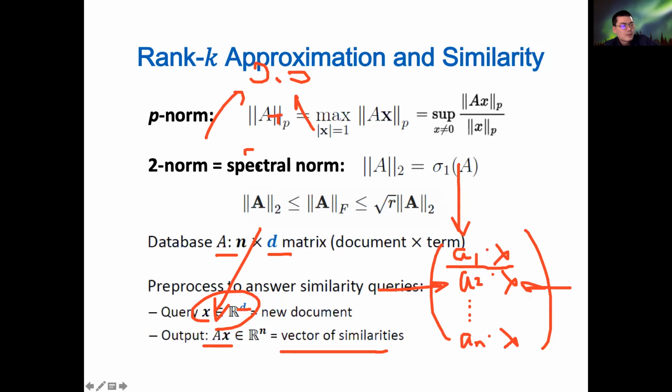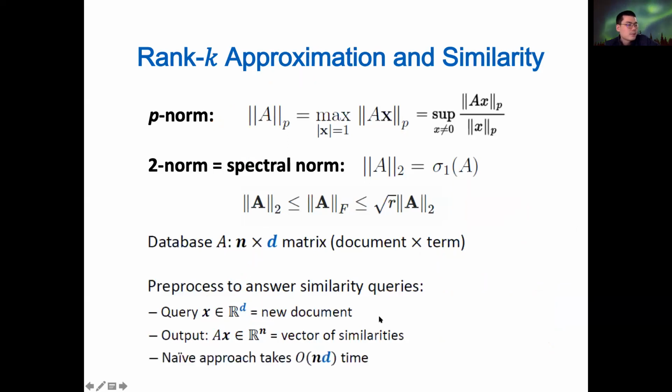If they don't co-occur, that's 0, so you have a sum of 0. So the inner product reflects the similarity. The output is really a vector, where the first element is the similarity of the first document with X, and the second is the similarity of the second document, A2, with respect to X.